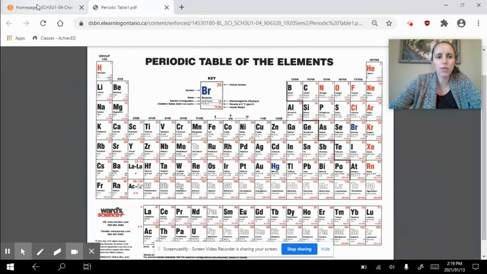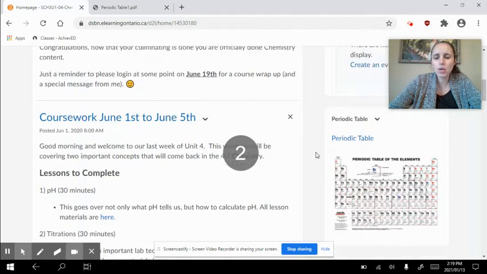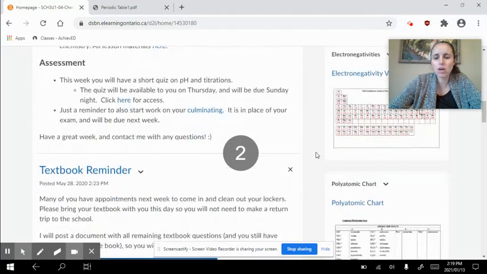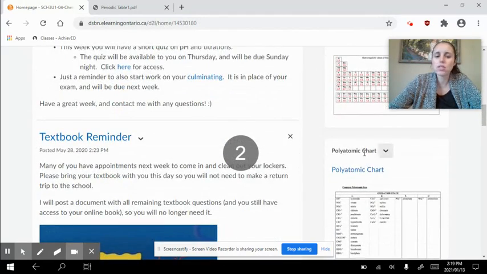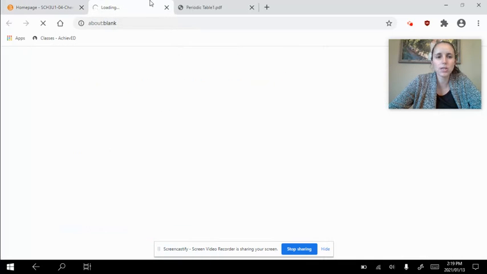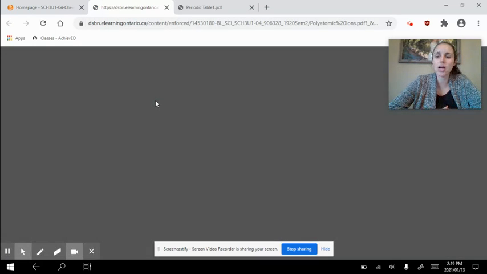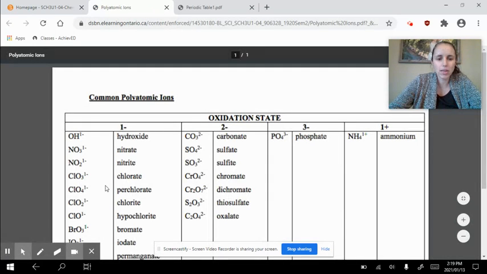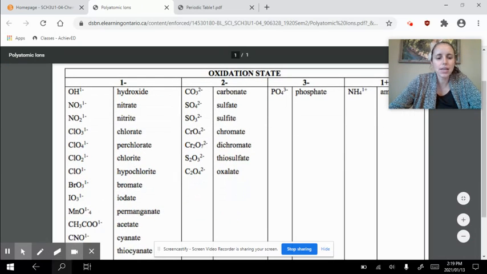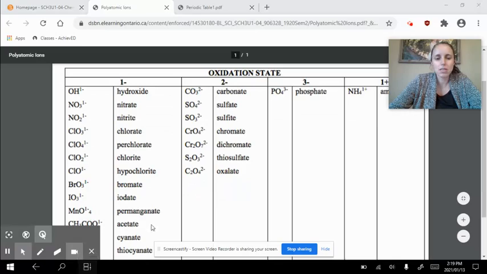I have mine open and ready to go. The other thing you want to double check is called a polyatomic chart. This is a list of all the polyatomic ions, and it's going to tell you exactly what the polyatomic ions are and also what their charges are. I'm going to have both of these open and ready, so that as I go through naming, they're at my disposal.